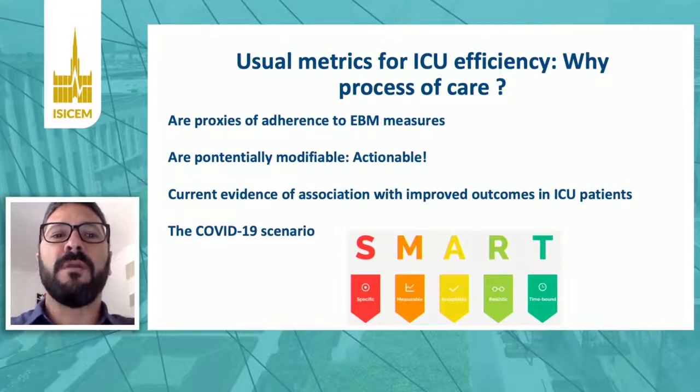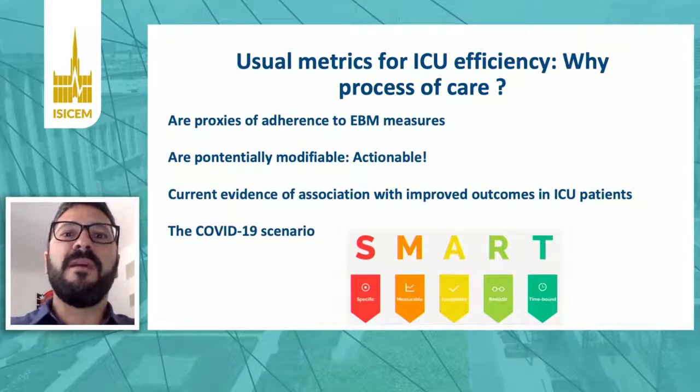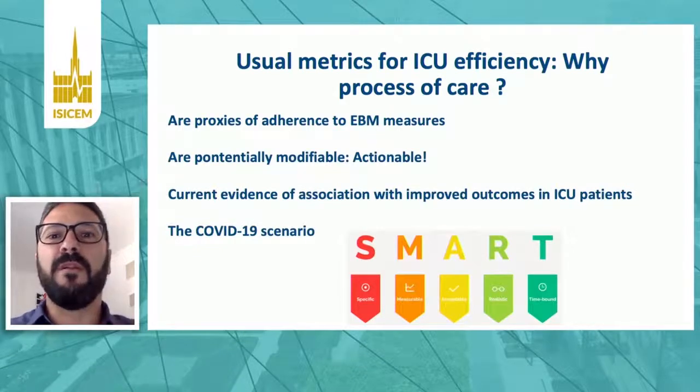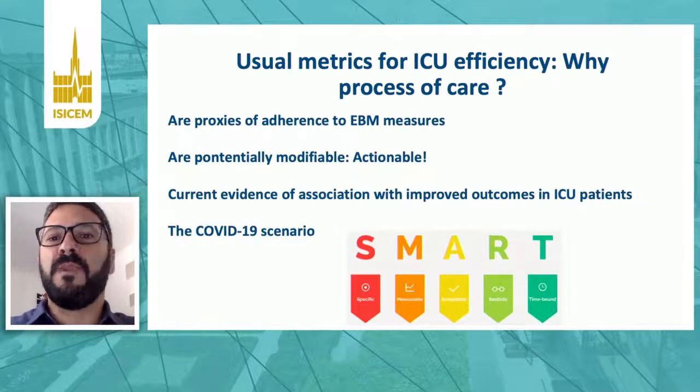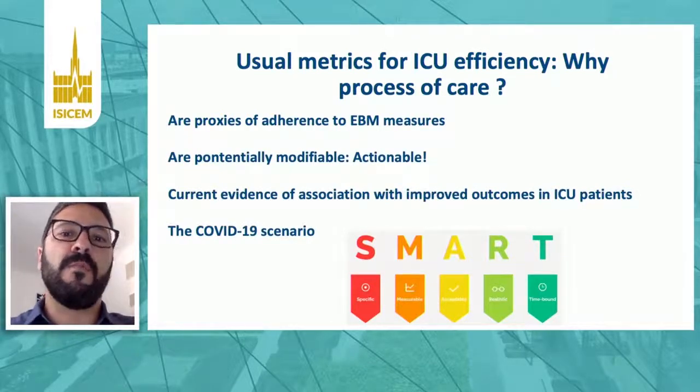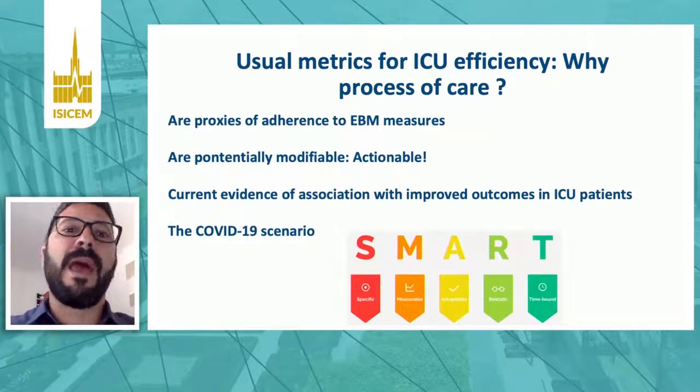The second one is that, unlike some of the classical indicators of efficiency, process of care measures are modifiable. Therefore, the data that you get from the rates of adherence, let's say, to a bundle of prevention of ICU-acquired infection or adherence to some protocol is actually actionable.